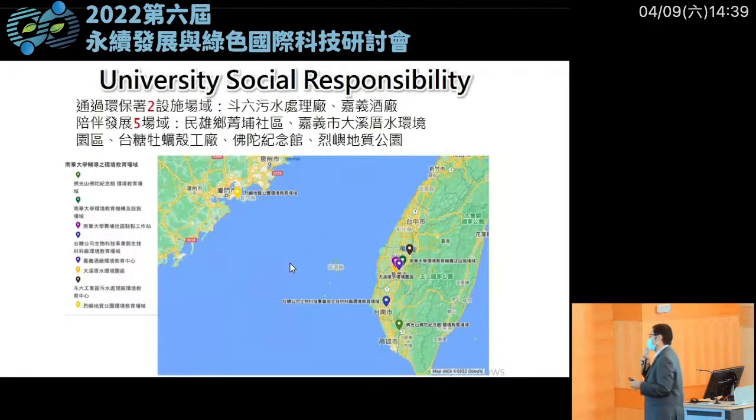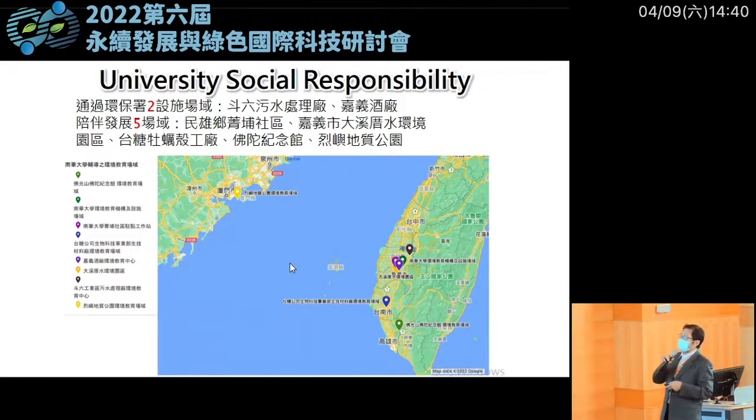In addition, we have many facilities that passed certification. This is the university social responsibility. In the past 6 years, the Oyster facility in Yao County and the Jiayi Jiuchang in Jiayi County got the certification of environmental education.